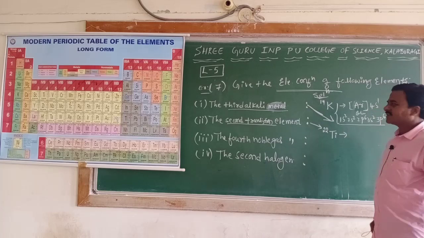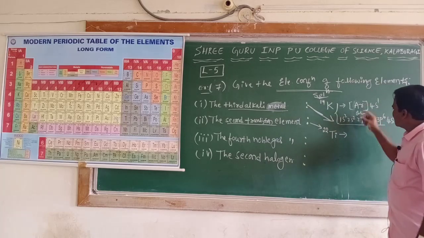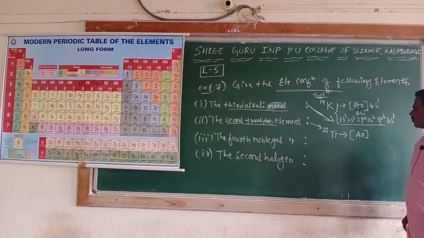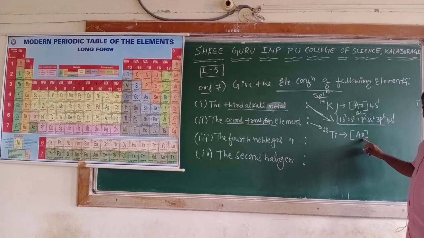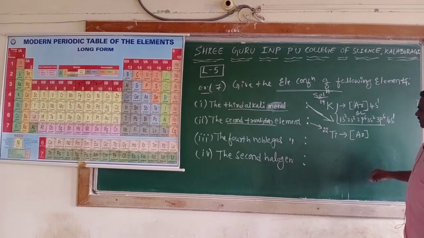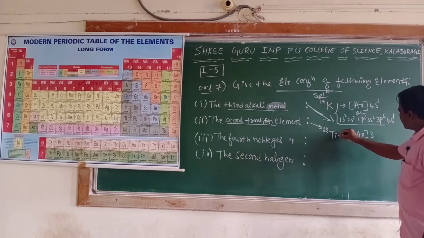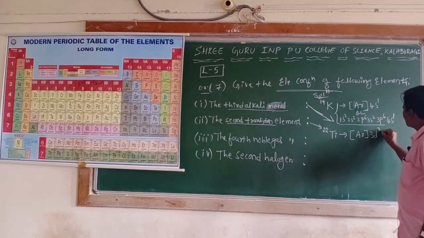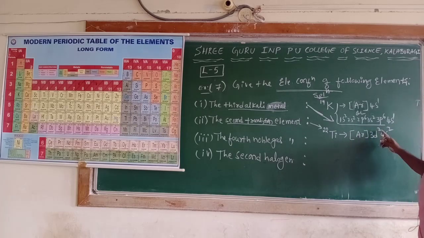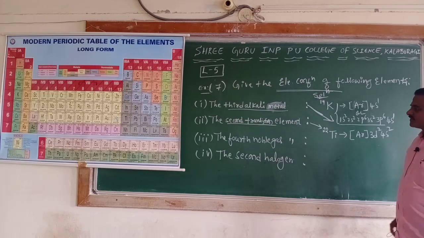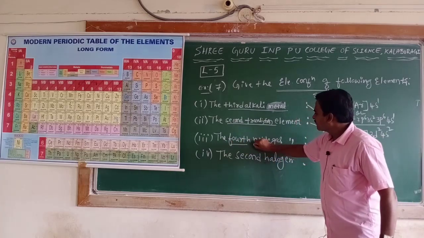The electronic configuration, going through the noble gas core: argon noble gas core, 18 electrons accommodated. Now you have 3d2, 4s2: 18, 20, 22. So argon noble gas core 3d2 4s2 is the electronic configuration of the second transition element, titanium.